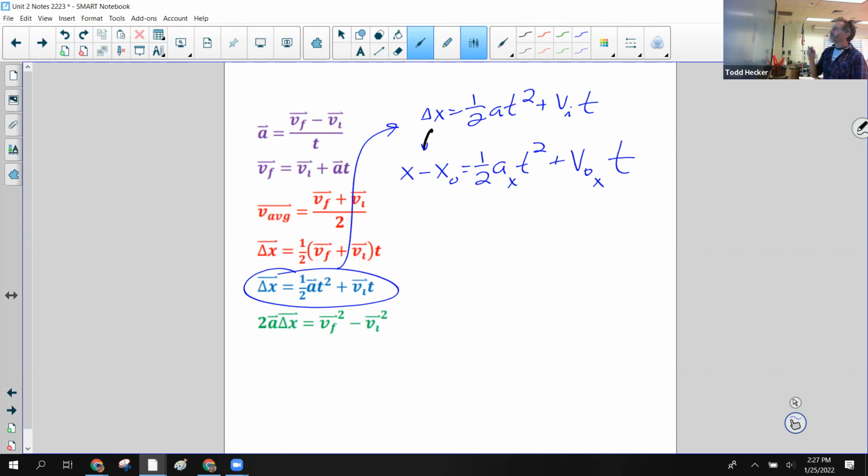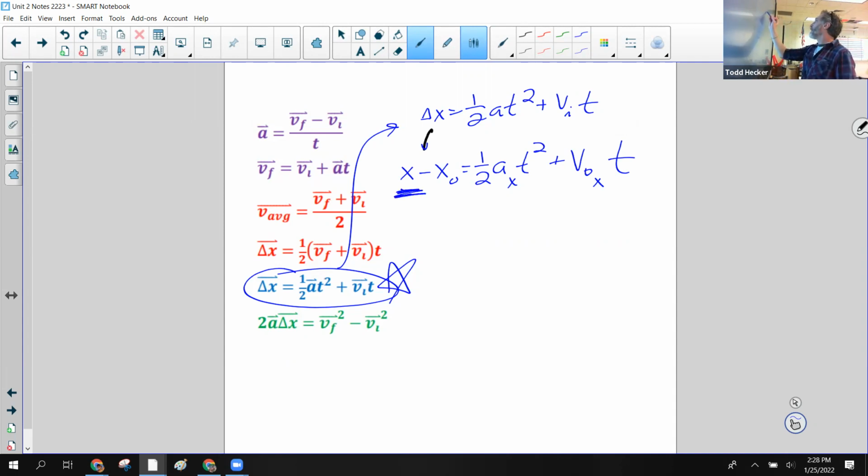Now, honestly, most often what we care about is the displacement, which is why I like this equation best. But occasionally we care about the position at a given time. Not how far has it gone, but where is it? In that case, we'd be looking not for displacement, but position.